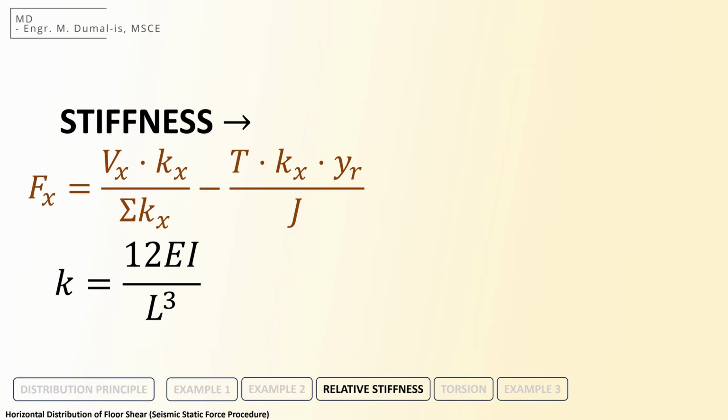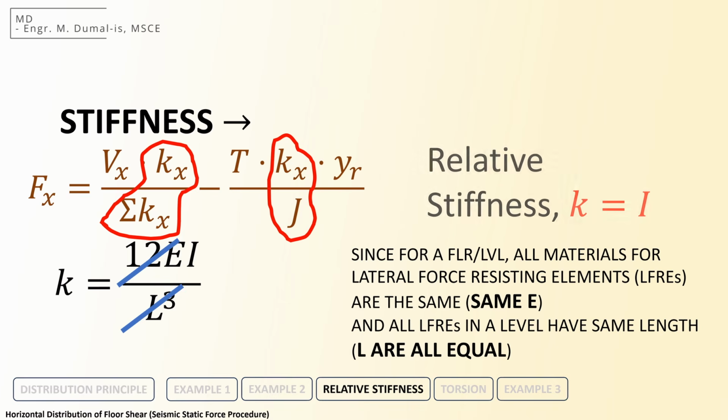In practical applications, stiffness calculations can often be simplified by leveraging uniformity in material and geometry. For instance, when all lateral load-resisting elements on a floor, such as columns or walls, share the same modulus of elasticity, E, and length, L, these constants appear in both the direct shear, Fv, and torsional, Ft, force formulas.